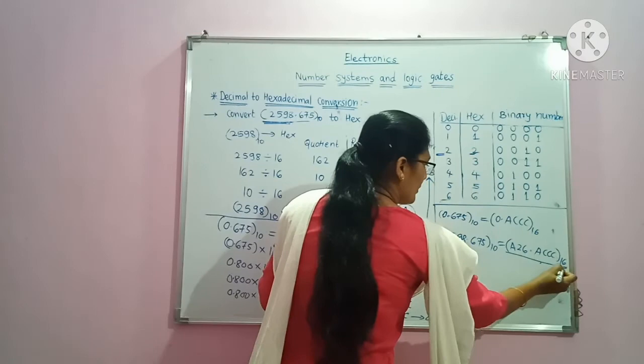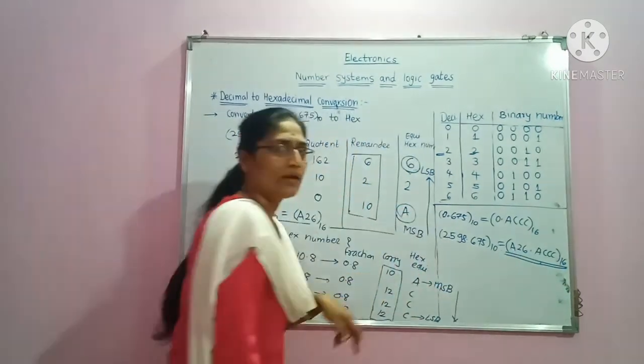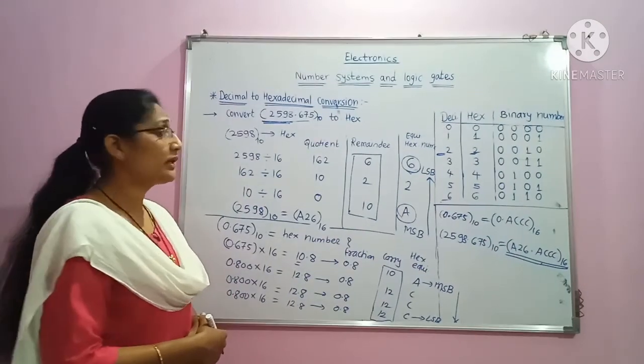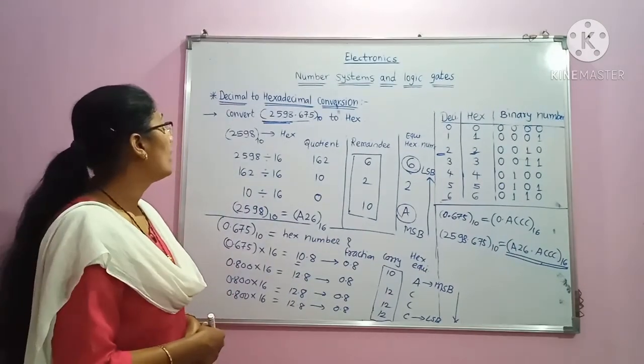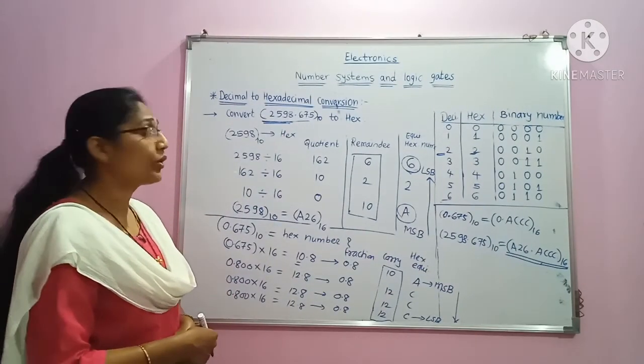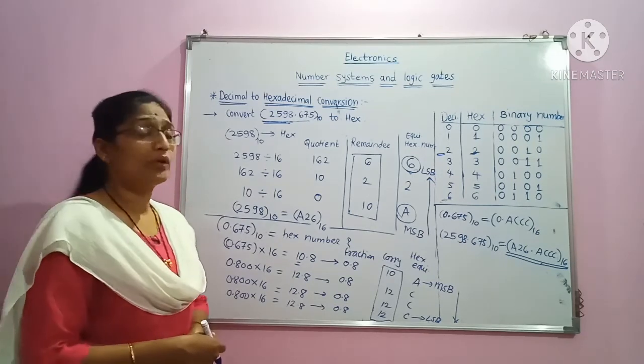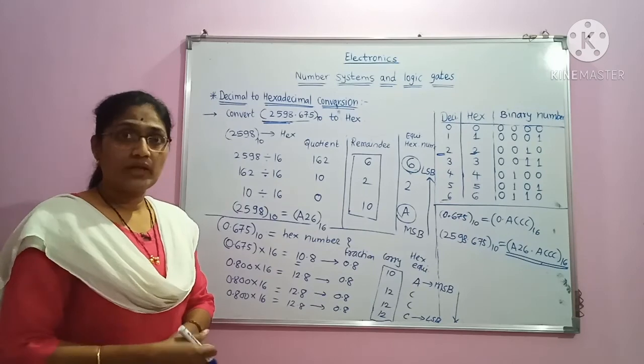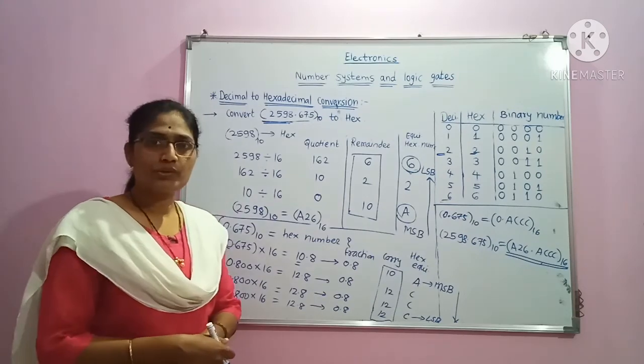So this will be my final answer. So students, I have tried my level best to make you understand how to convert a decimal number to its hexadecimal equivalent. Hope you understood the same.